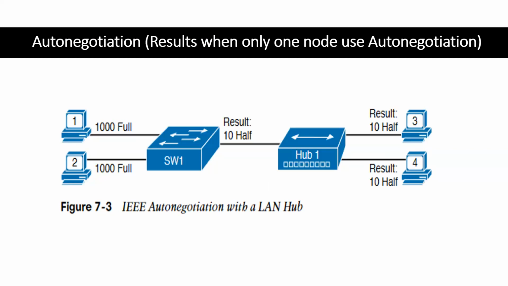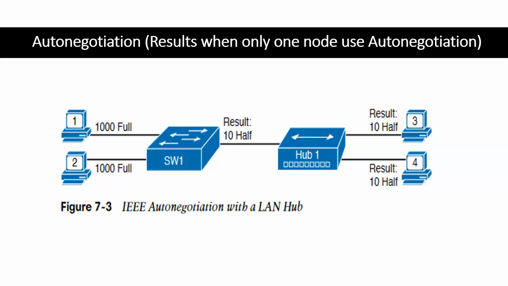With that being said, that is how auto negotiation works. The different scenarios: if it's a perfect environment where both sides are using auto negotiation, or if just one side uses auto negotiation. And of course, there are standards with the IEEE and devices using those standards.